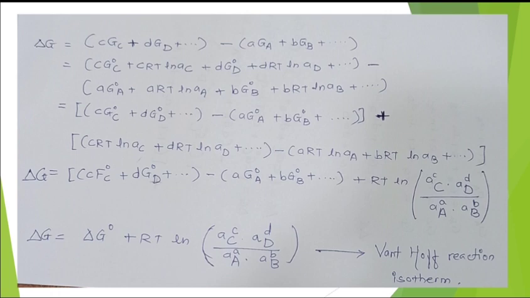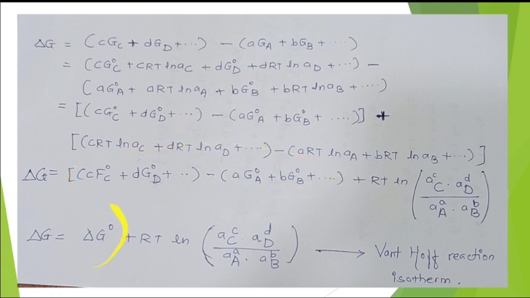Now, as we have defined, delta G is the change in Gibbs free energy of the products minus the Gibbs free energy of the reactants. So instead of this we can write delta G standard.